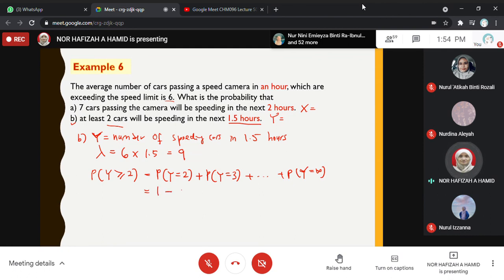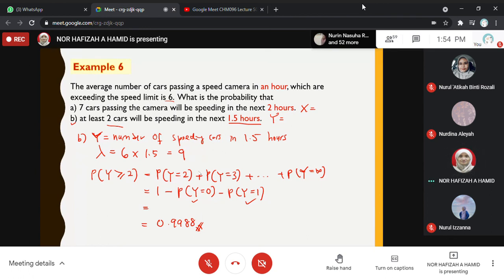So 1 minus probability of Y equal to 0 minus probability of Y equal to 1. Okay, so nanti substitute formula for Poisson distribution in Y equal to 0 and Y equal to 1. Okay, and you calculate using calculator, answer is equal to 0.998. Okay, so ini example 6. So you boleh refer juga recorded video pun ada for example 6 ni.